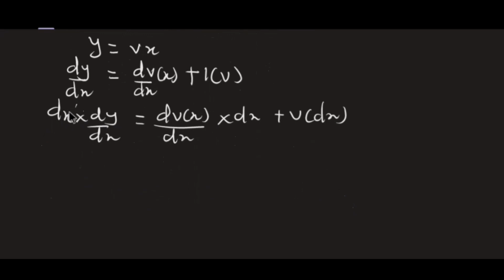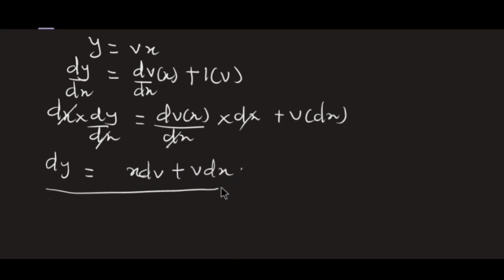Now this can easily cancel, then I'll be left with dy is equal to x dv plus v dx. So this is the most important part of homogeneous differential equation. So we'll be making this substitution in order for us to solve a homogeneous differential equation.